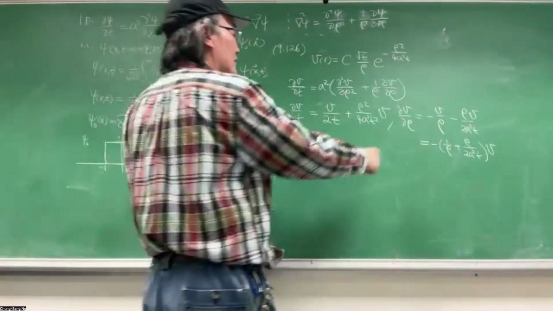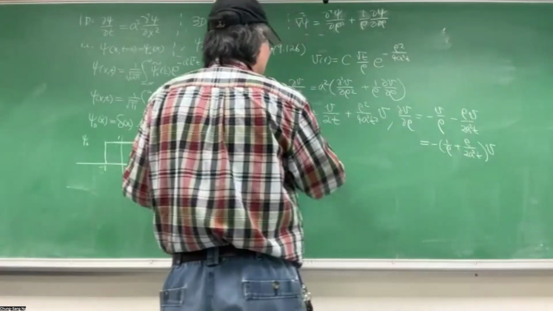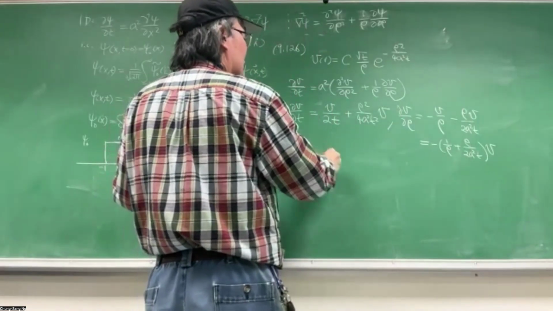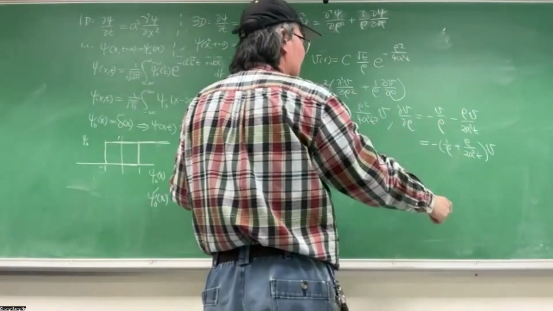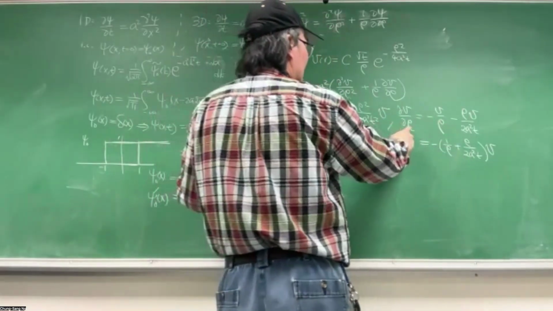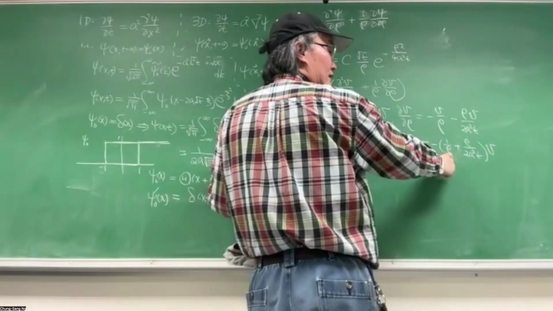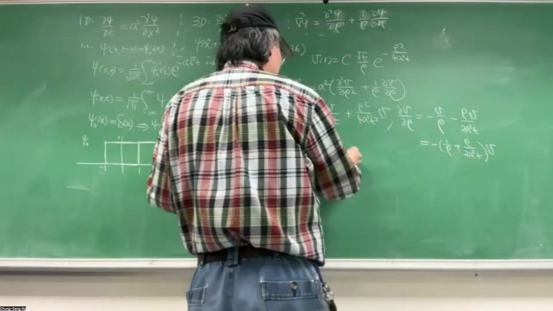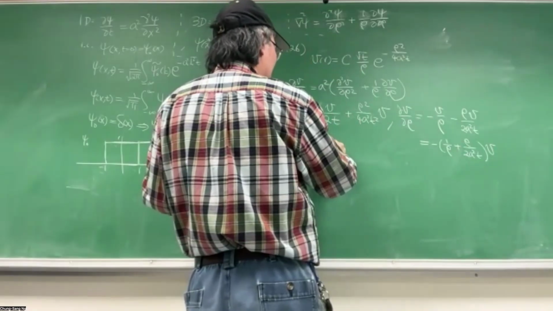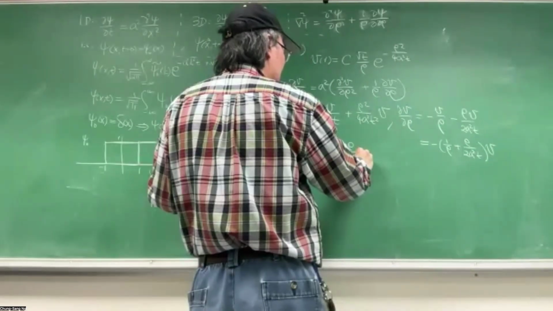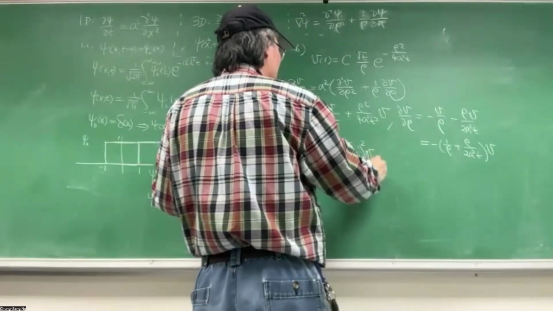Okay, so that's partial v partial rho, and partial squared v partial rho squared is basically doing the same thing. If you take the derivative of the rho v over rho, basically getting exactly the same thing. So this is 1 over rho plus rho over 2a squared t, times v.